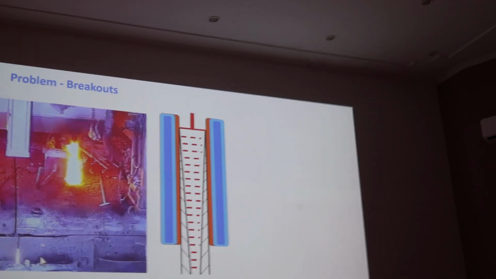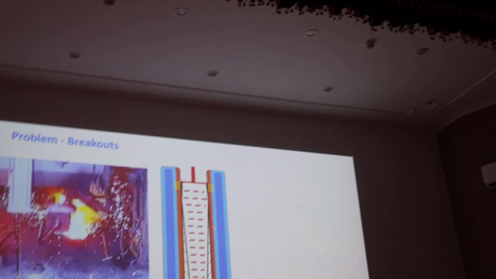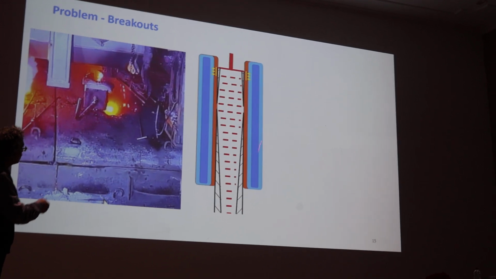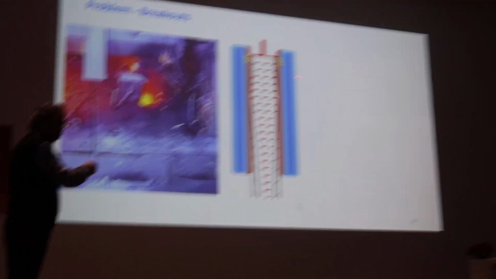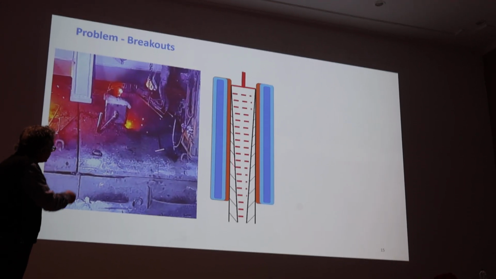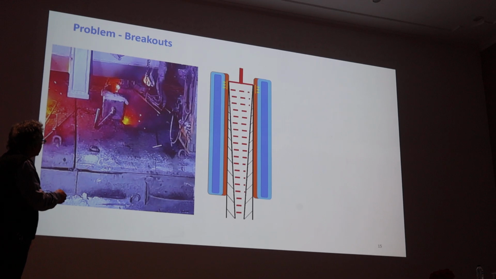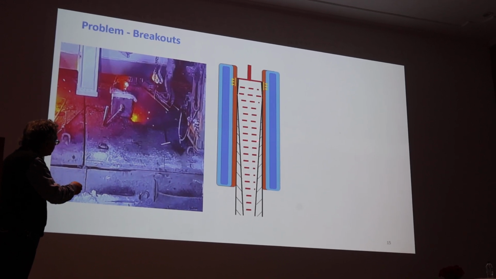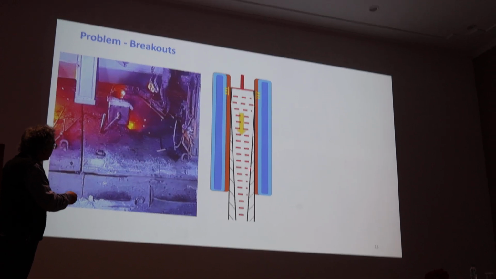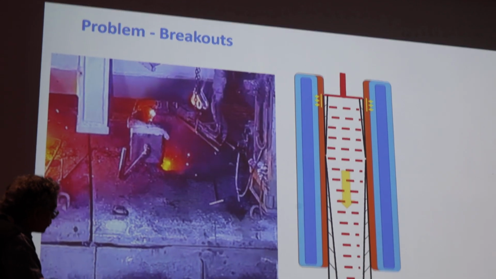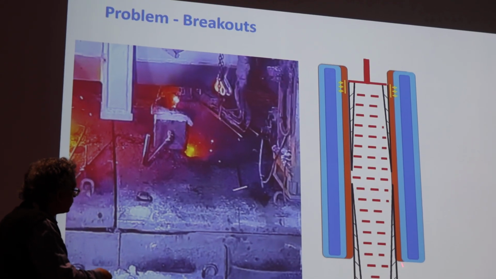Now, in ideal condition, we see the formation of this inner liner as the solidification of the material gradually goes on within this 1 meter mold in the caster. But when there is a certain flaw in this liner, we can see this hot spot, meaning the thinning of this area will gradually increase, and at a point this thin layer will give way and there will be a breakout.